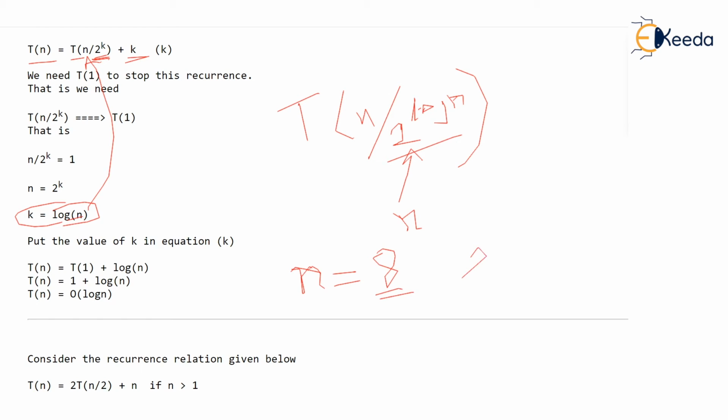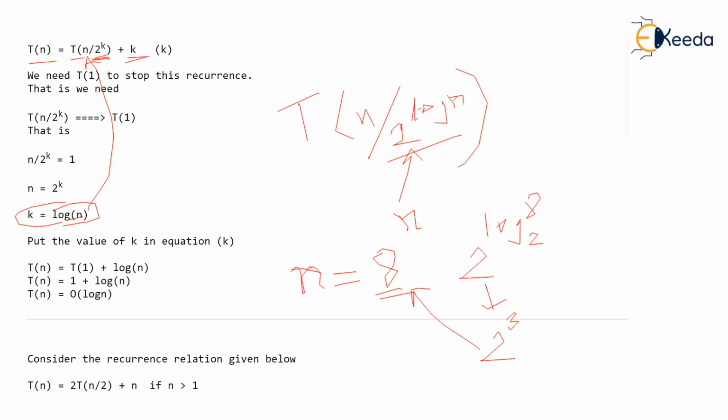What is 2 raised to log of 8, of course to the base 2? Now everybody knows log of 8 to the base 2 is 3. So this is going to turn out to be 2 raised to 3, which is n, which is nothing but 8. So 2 raised to log n is nothing but n.